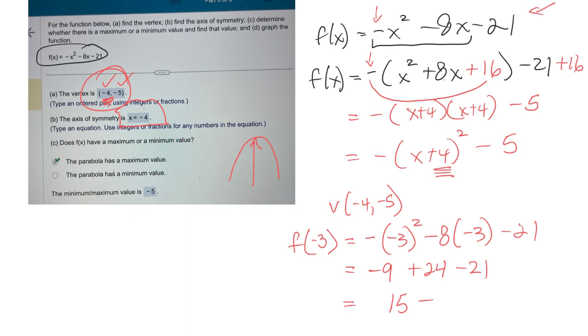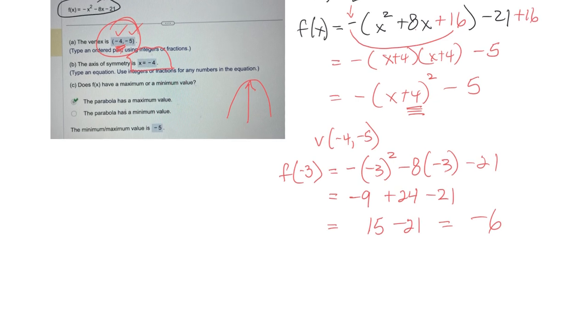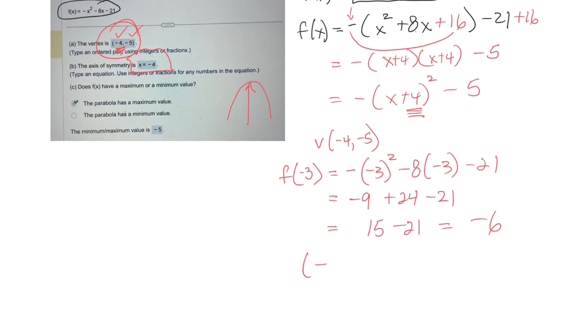And 15 take away 21 turns out to be a minus 6. So another point that you get from that is minus 3 and minus 6. It's not the vertex. So the vertex is there, that would be my minus 4, minus 5. But minus 3, minus 6 is a point right there. And so I can plot that in MyLab. Let me try and record a video of that showing you how to do that.